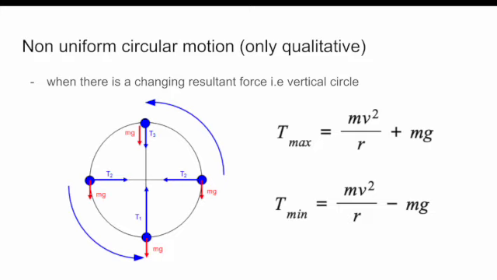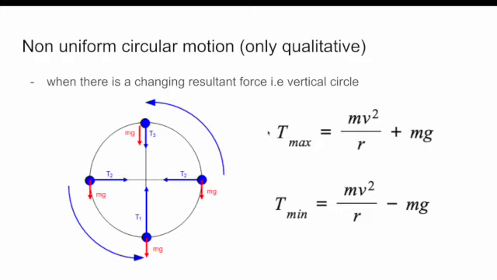At any given point here, gravity acts downwards, but tension always acts towards the center of the circle. That means at some points, centripetal force is provided by tension and gravity, but at other points, centripetal force is only provided by tension. At this point here, centripetal force is tension minus gravity. And here, centripetal force is equal to tension plus gravity.